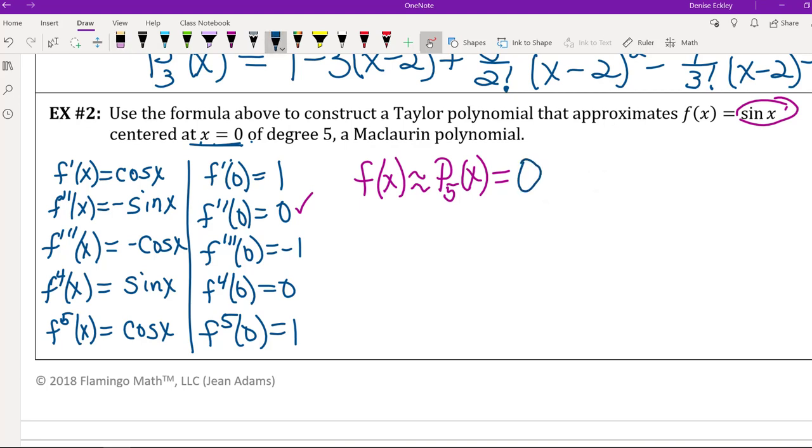So the very first term is 0. And then the first derivative is going to be 1 times x to the 1st. Then the next one would be plus 0 x squared over 2 factorial. Then the next one is going to be negative 1 over 3 factorial times x to the 3rd plus 0 over 4 factorial times x to the 4th.